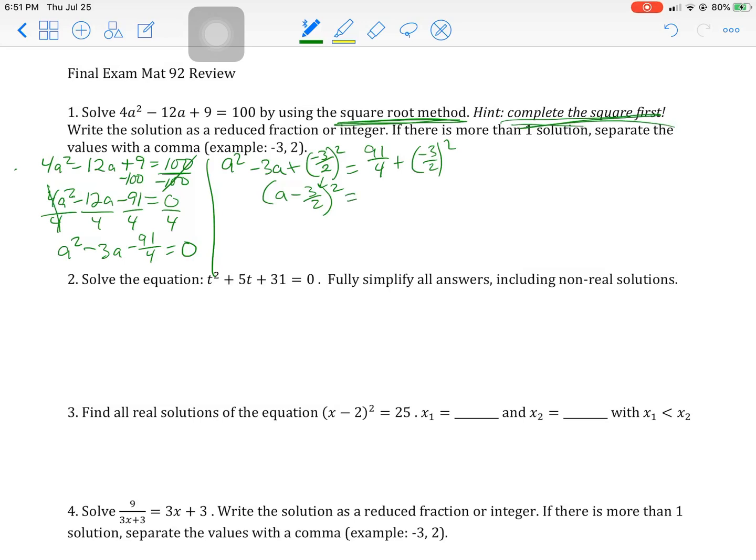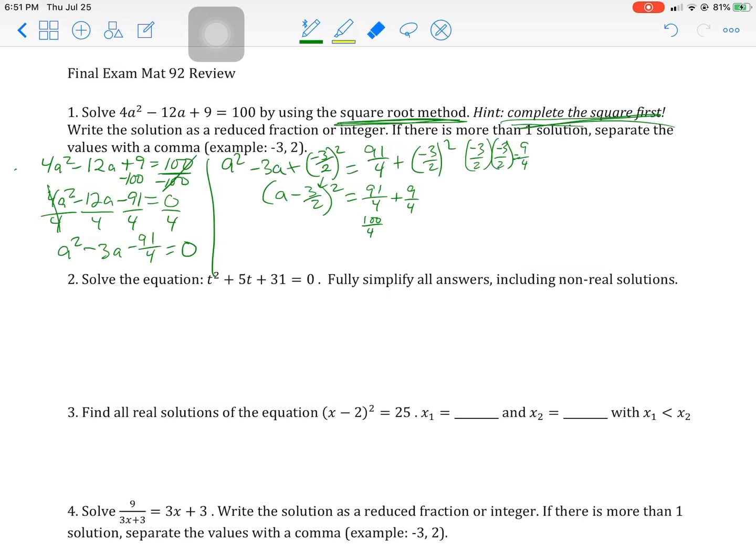So that's how I do those. But it doesn't excuse me from figuring out what that all equals. So this is going to be a -3/2 times a -3/2, which is going to give me 9/4. So this is going to be 91/4 plus 9/4. That's going to give me 100/4.